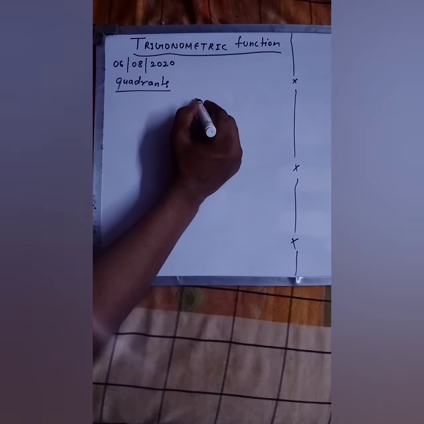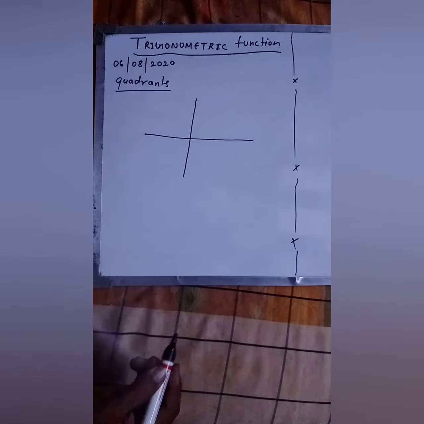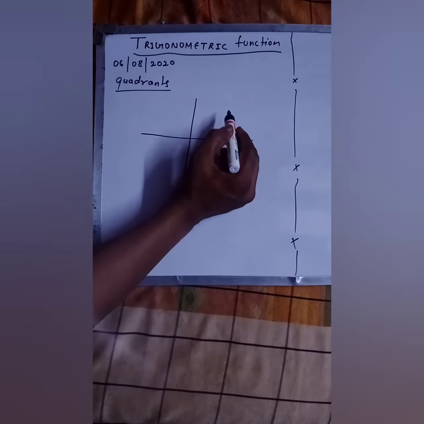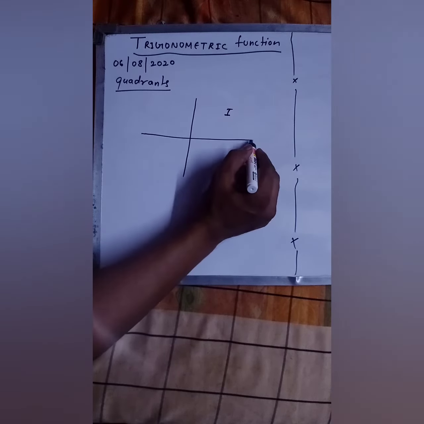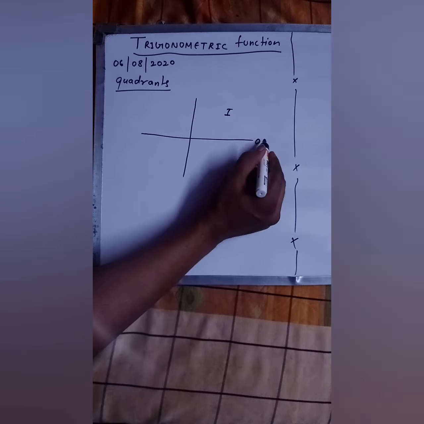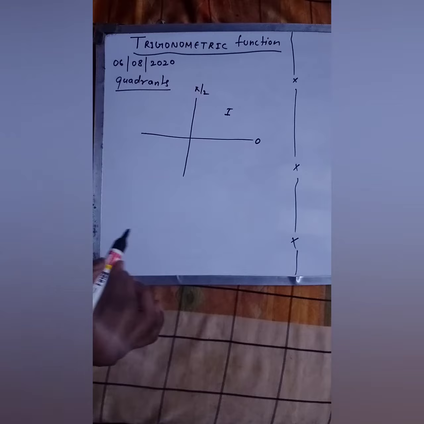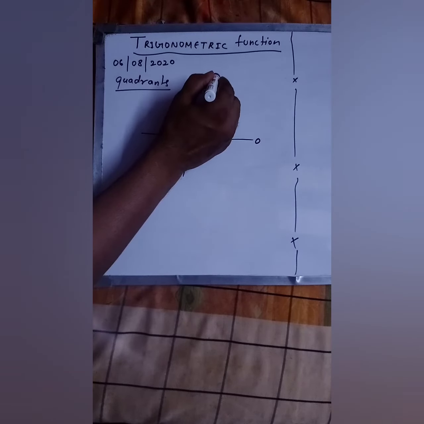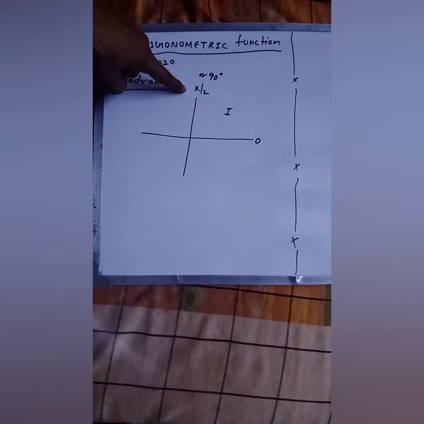See, here, this first part, this one, this is your 0, this is your pi by 2, or you can say this is your 90 degree in terms of degree and in terms of radian.